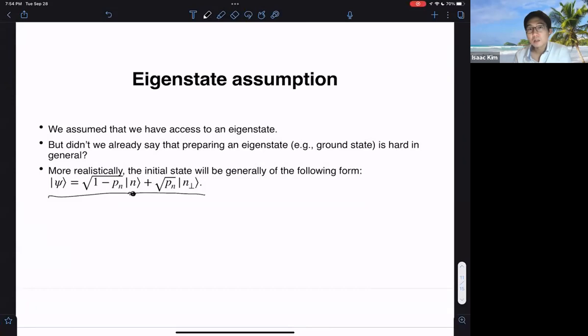And this is where what I've been saying becomes important: the quantum phase estimation is a non-destructive measurement of the eigenstates. If you somehow believe that, which you can verify later, then it's clear what's going to happen.